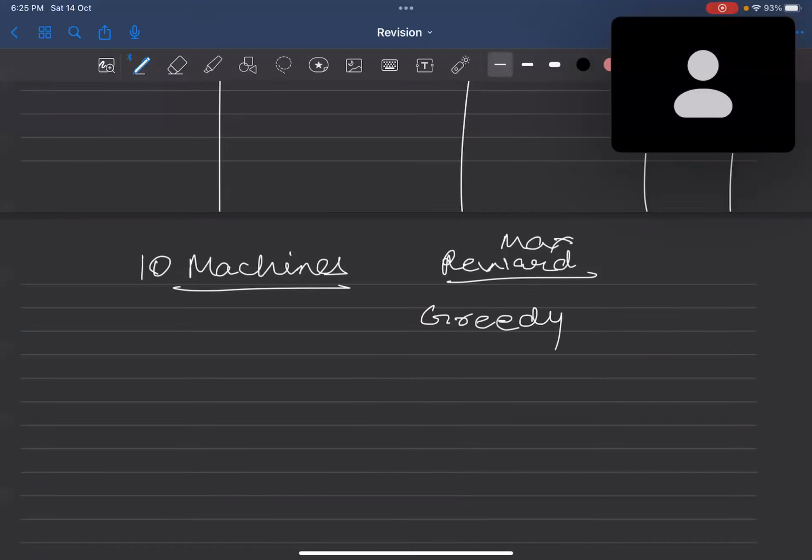That is greedy. What do you think? You said the method correctly, that I'll go to each arm, see the reward, and whichever has the maximum one, I'll keep on pulling it. Absolutely correct. Now, what is the limitation of greedy?